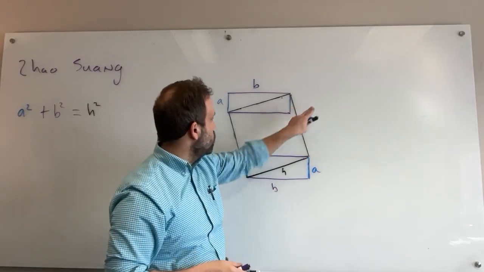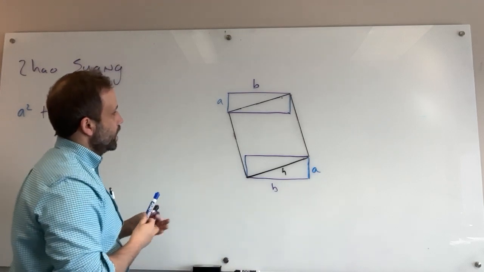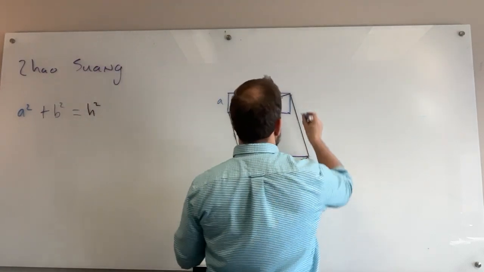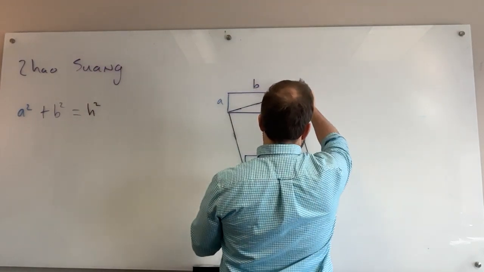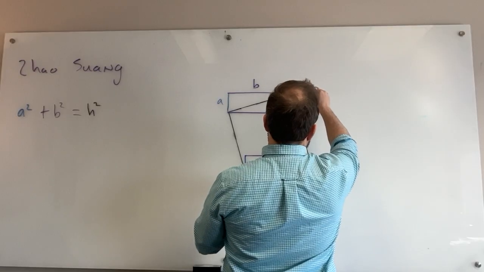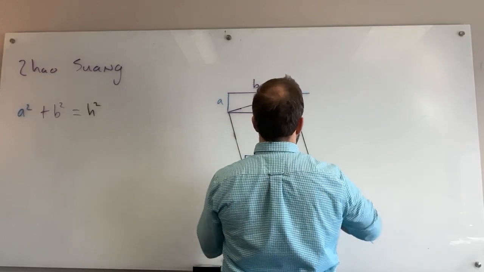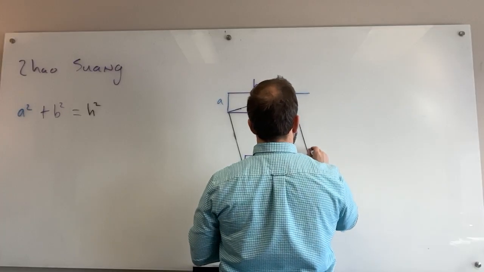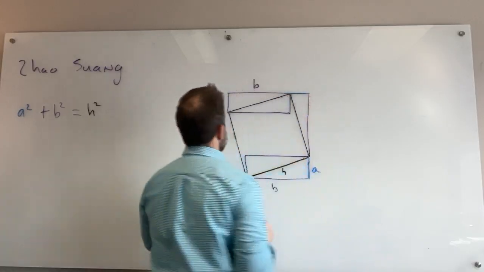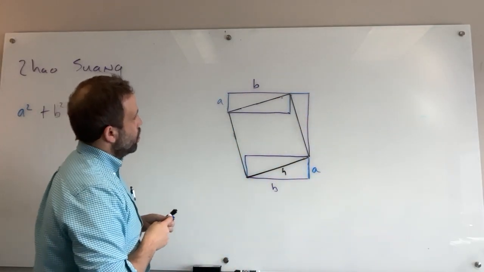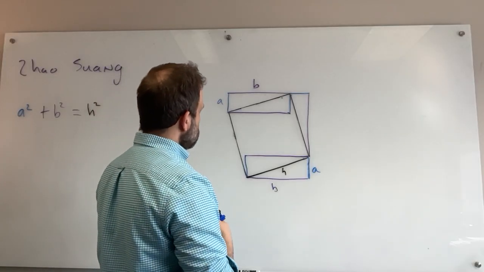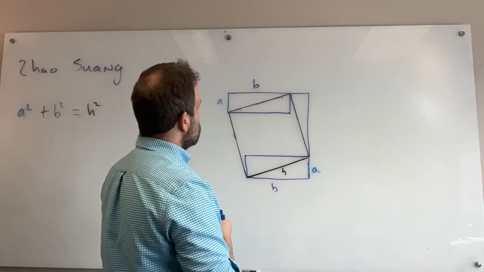I want to put triangles there and there as well. So we're going to get something that looks like this. Again, I want a right triangle. So like this over here. Okay, and now what I want to do over here.